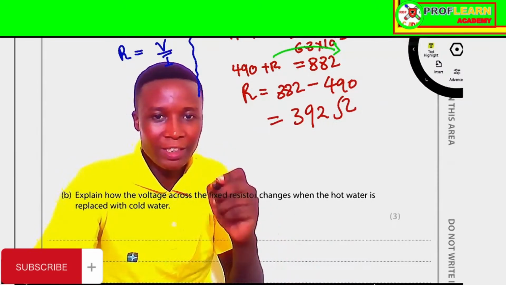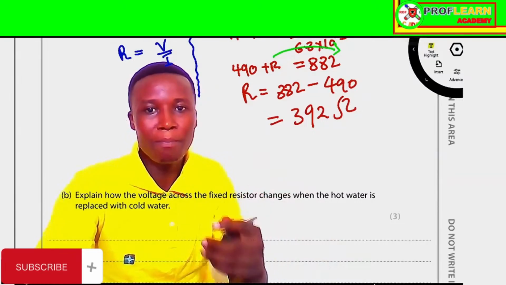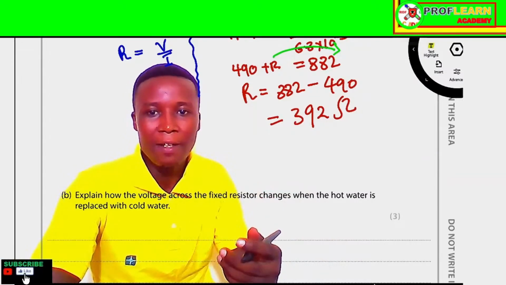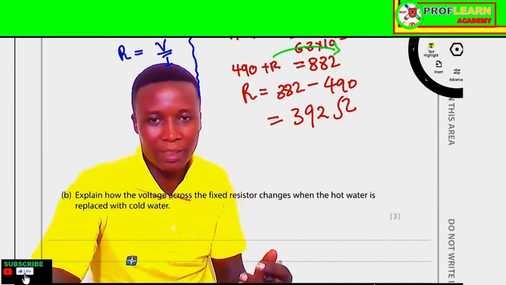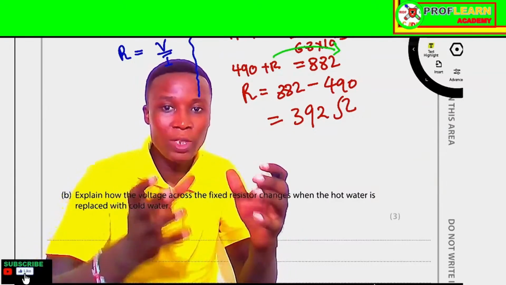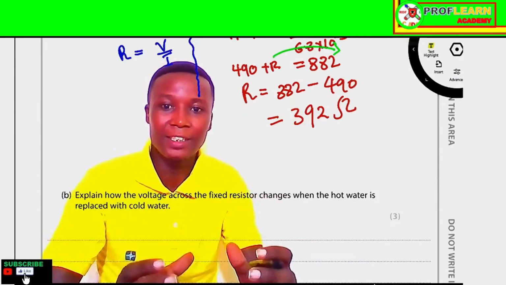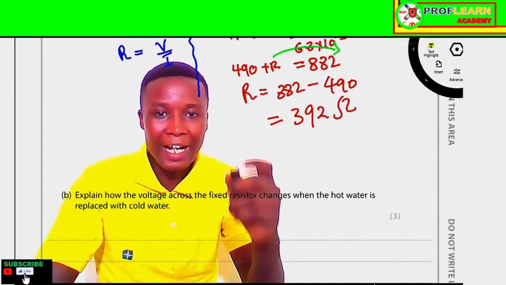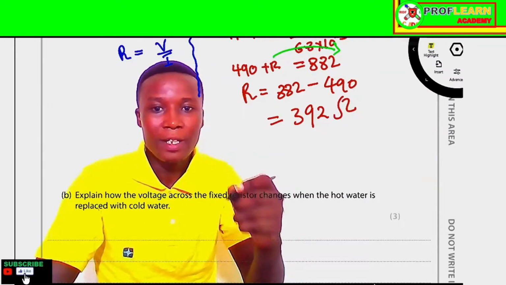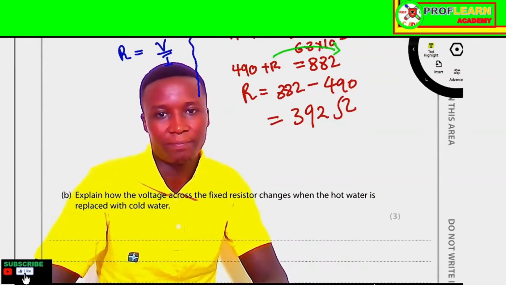So in this case, where we replace the hot water with cold water, it means we are going to increase the resistance of the thermistor. Then the effective resistance in this circuit is going to increase. If we have high resistance in a circuit, then current is going to be reduced. Hence, the voltage across the fixed resistor is going to reduce.